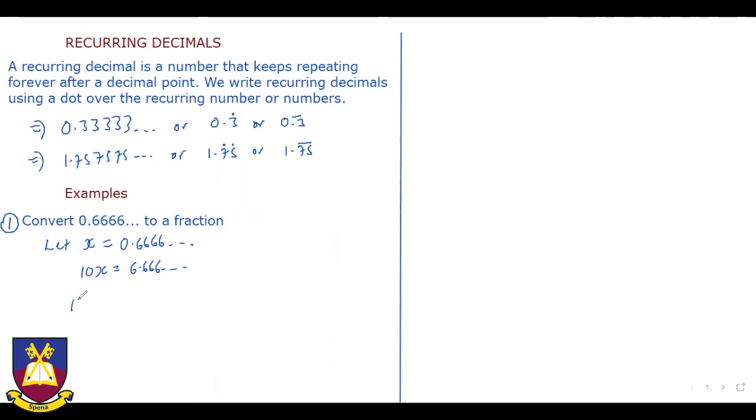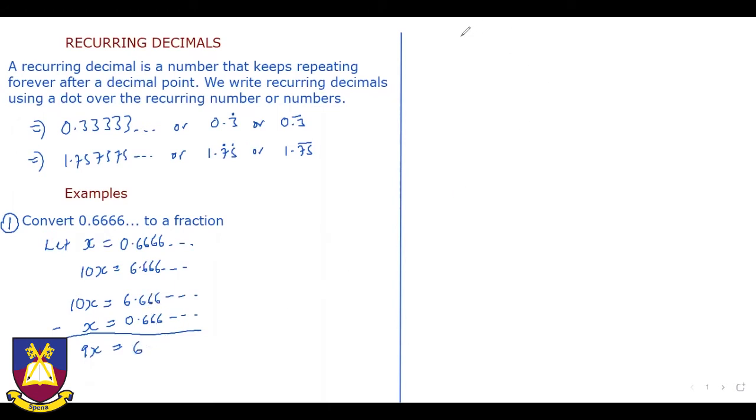We shall get 10x, which is 6.666 recurring, minus x, which is 0.666 recurring. And when we subtract those 2, we get 9x, which is equal to 6 minus 0, 6. Then these will go away.